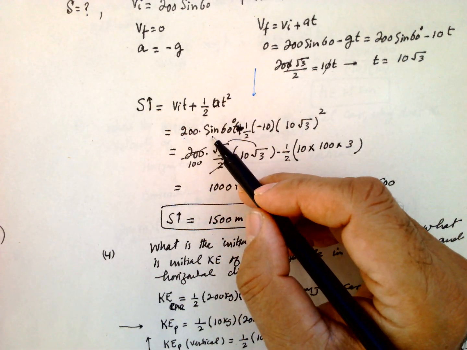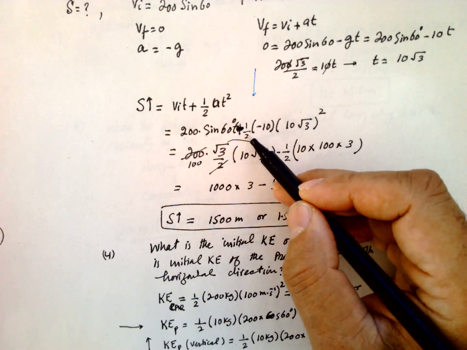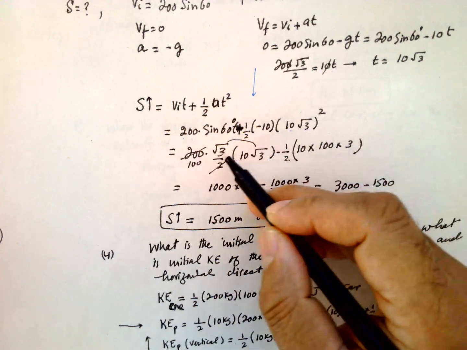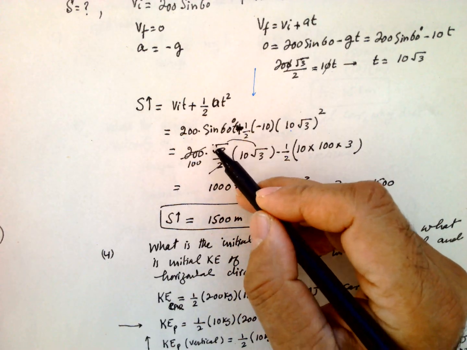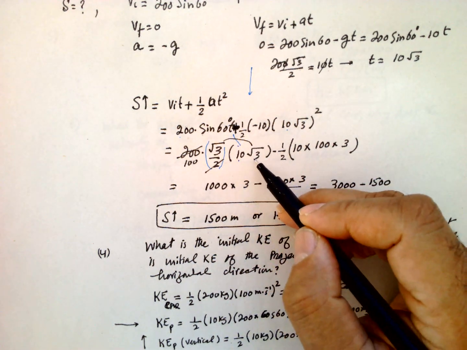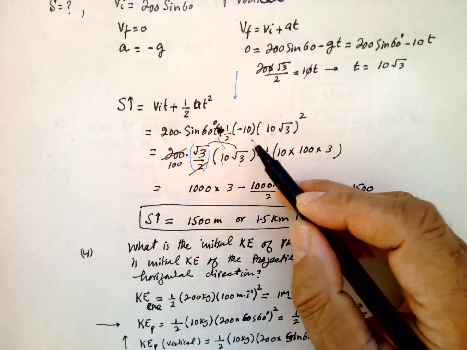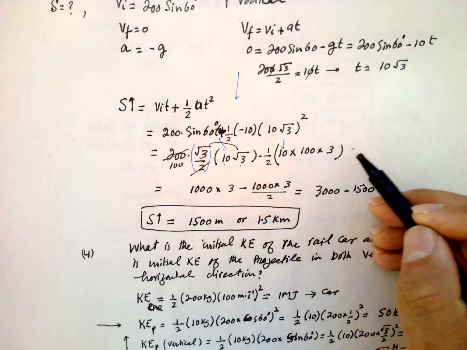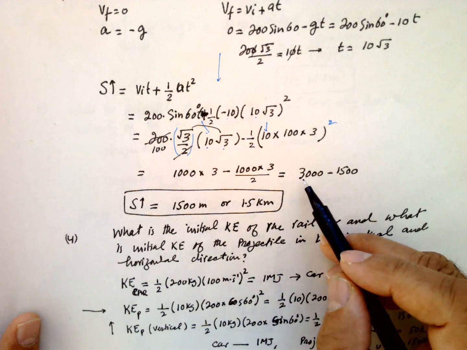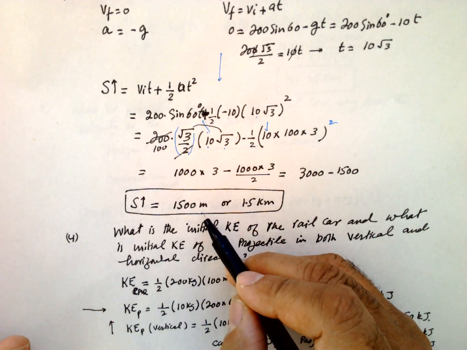So 200 sine 60 multiplied by the time, plus a half into minus g into t square. t is equal to 10 root 3. 200 sine of 60 is 100 root 3 into time, minus half into 10, which is g, multiplied by this whole square. If you simplify all these terms, this will give you 115 kilometers, which is the horizontal distance.